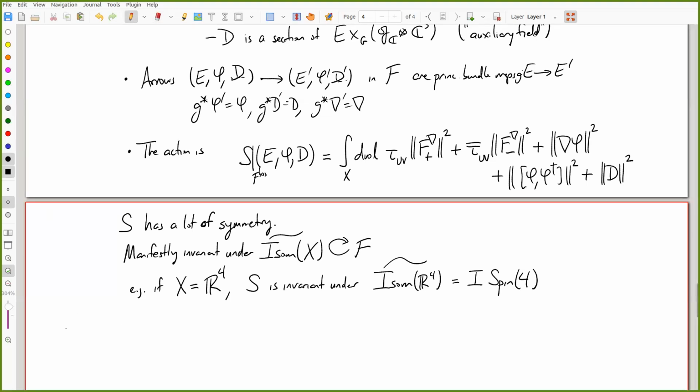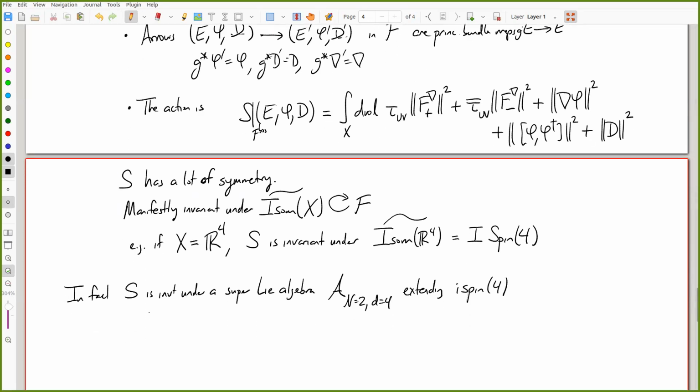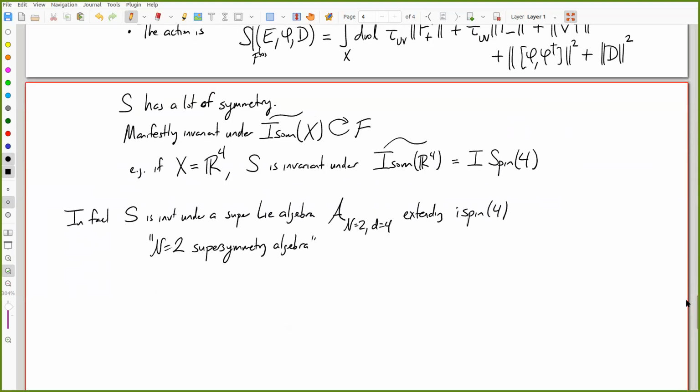In fact, S is invariant under a super Lie algebra, which I'll call script A, n equals 2, d equals 4, extending the Lie algebra I spin 4. That's what's called the n equals 2 supersymmetry algebra. Let me write that algebra.